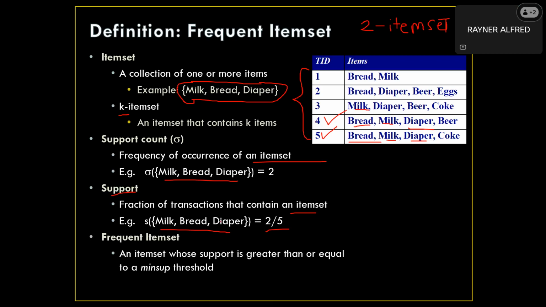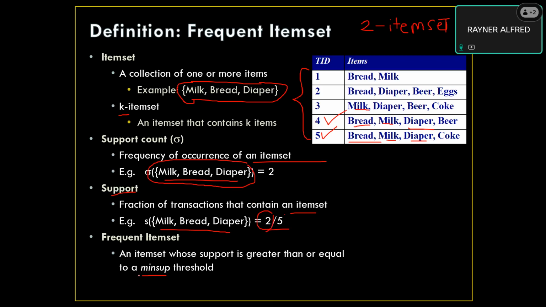An item set is considered frequent if we predefine the minimum number of occurrences of a specific item set. If the minimum support is 2, this item set is frequent because it exists at least 2 times.